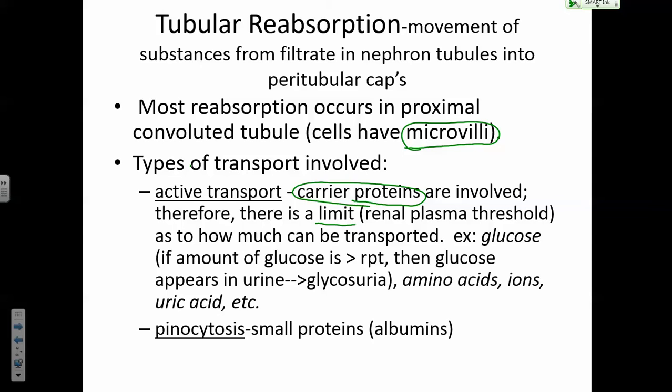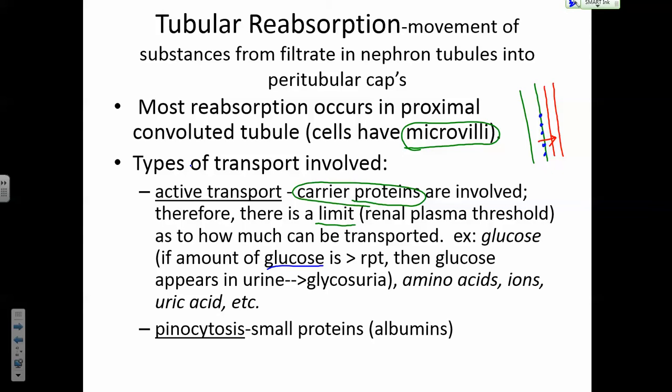Okay, so let's say here's a renal tubule, and here's a peritubular capillary, and a substance has got to move across through active transport, but it can only do so if there's carrier proteins for it. Just for my purposes, the example I'm using is glucose. There are several things that can be actively transported, but we're just going to use glucose as the example.